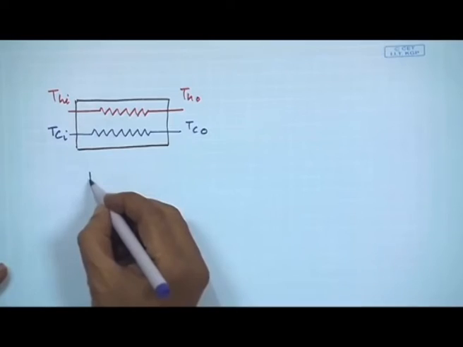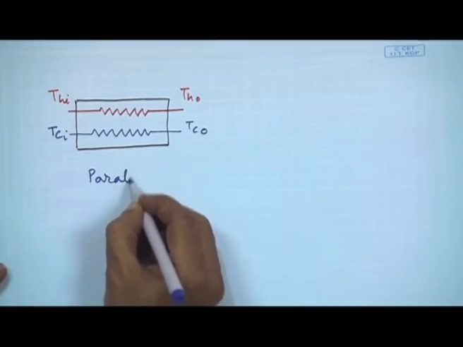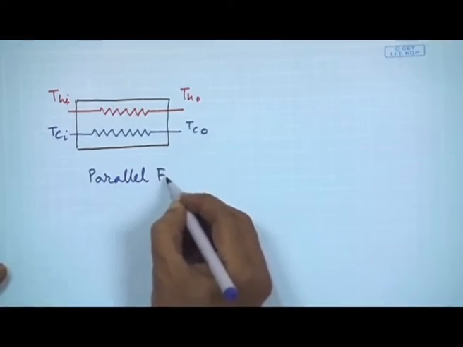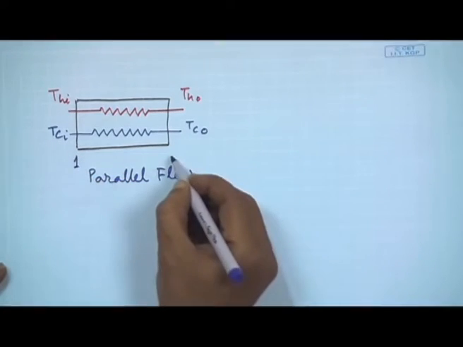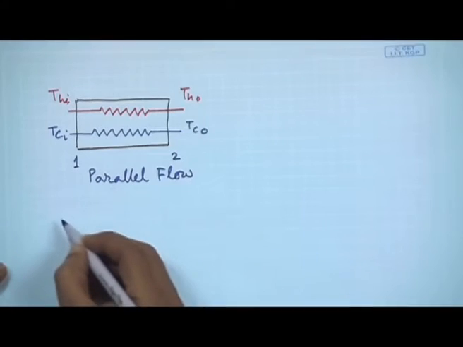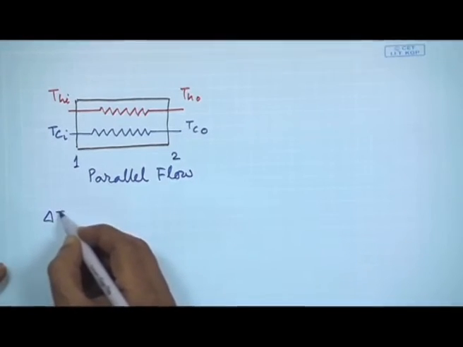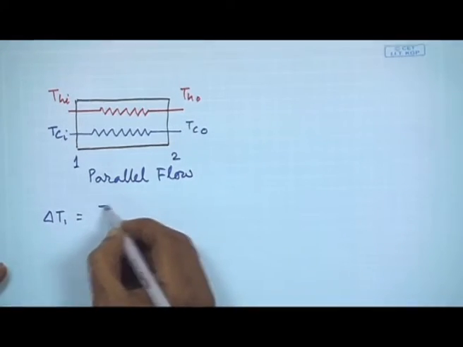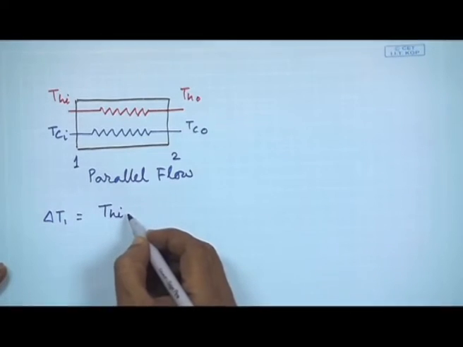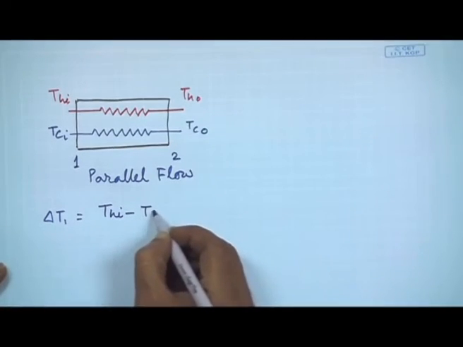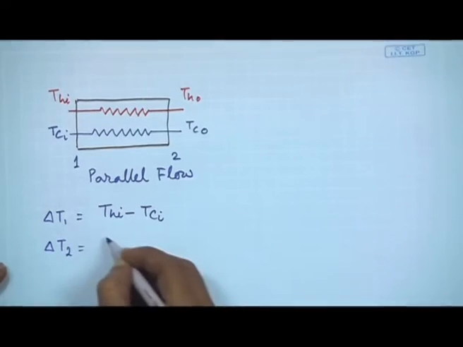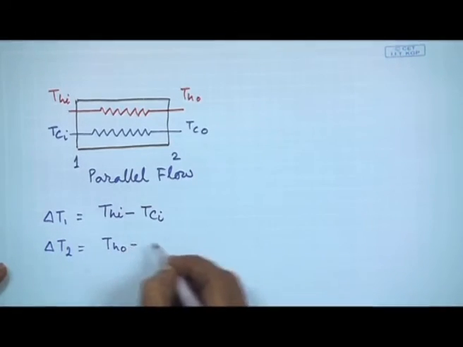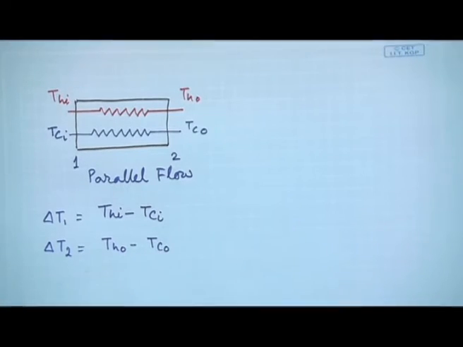So, this is parallel flow. This side is end 1, this side is end 2, and delta T1 is equal to T_HI minus T_CI, delta T2 is equal to T_HO minus T_CO.